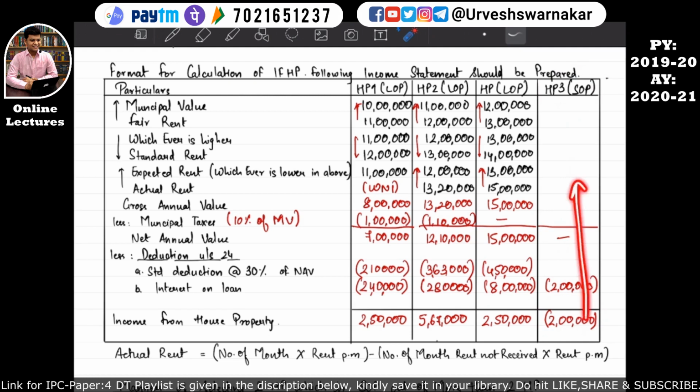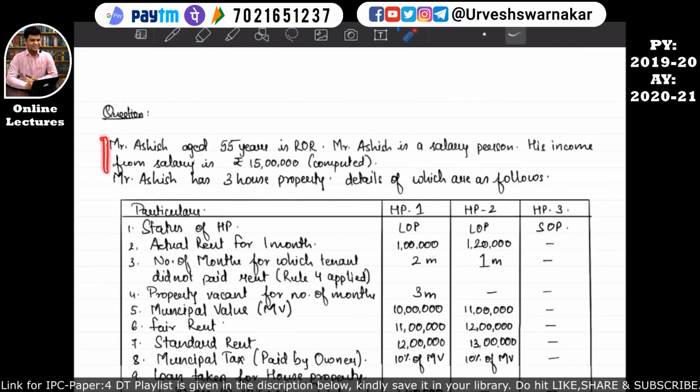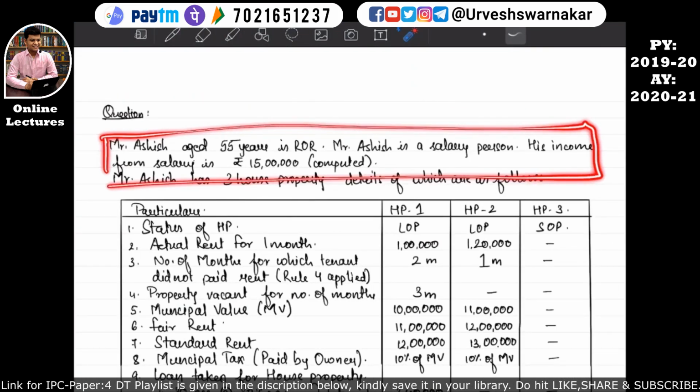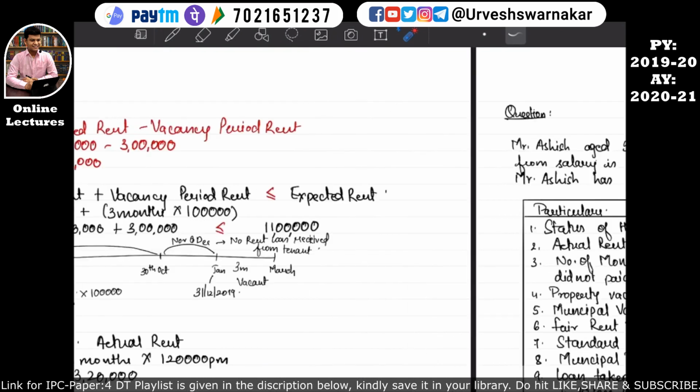So this 2 lakhs can be set off against any other head of income in the first year. That means this 2 lakhs can be set off against the income from salary. We have already read in our question that Mr. Ashish, age 55 years, is a resident, ordinary resident. His income from salary is 15 lakh, which is computed. So out of this 15 lakhs, that loss of rupees 2 lakh can be set off.